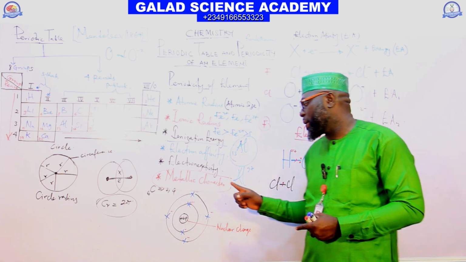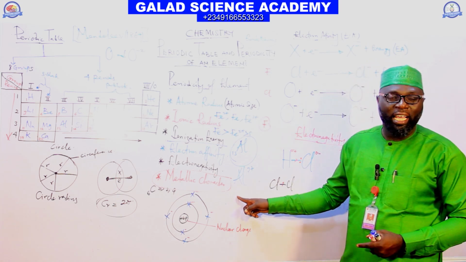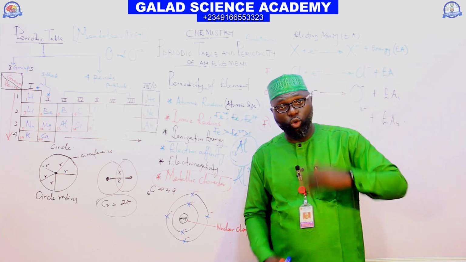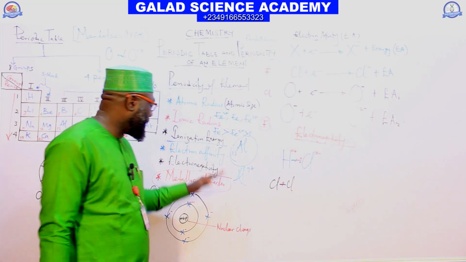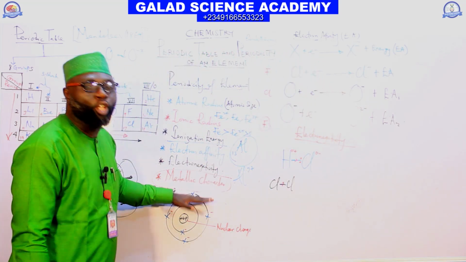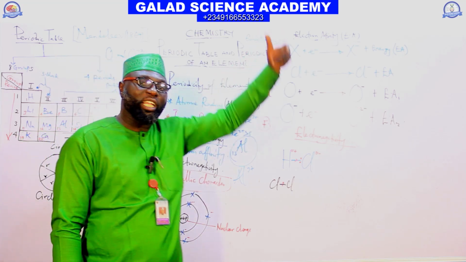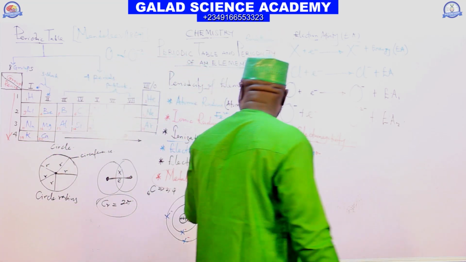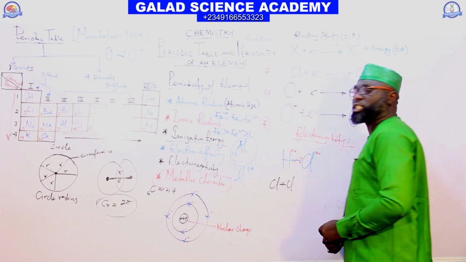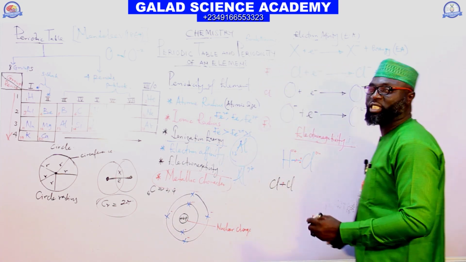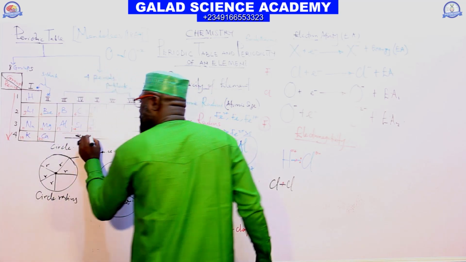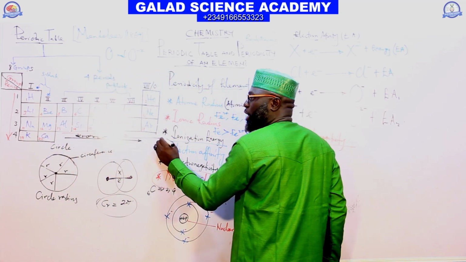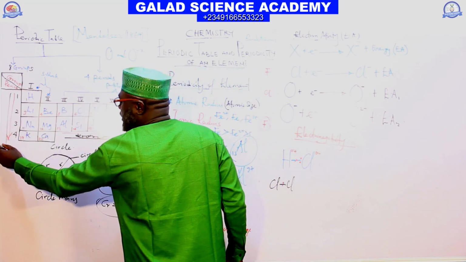Metallic character is the ability of an element to lose its valency electron. It is called metallic character, or electropositivity. Electropositivity decreases across the period and increases down the group.